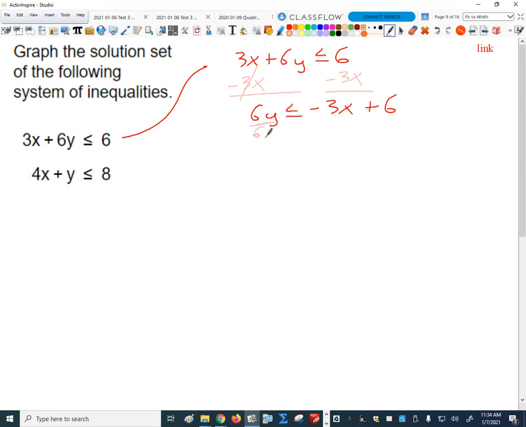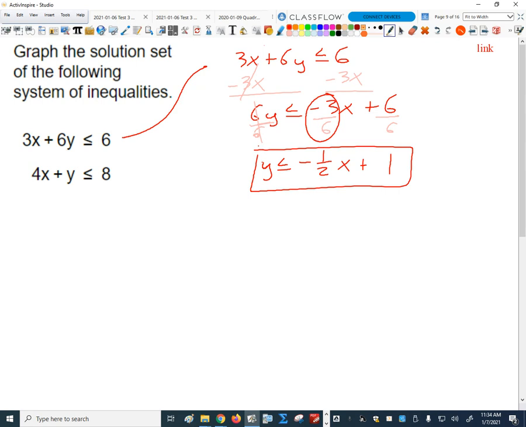And I'll go ahead and split this denominator up and divide each term separately. So I get negative 3/6 x plus 6/6. So I end up with y is less than or equal to, well, I can reduce that, right? Negative 3/6 becomes negative 1/2 x plus 6/6 is 1. So there's one of my two inequalities.